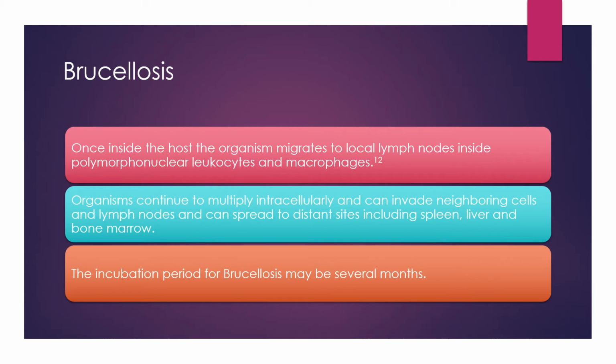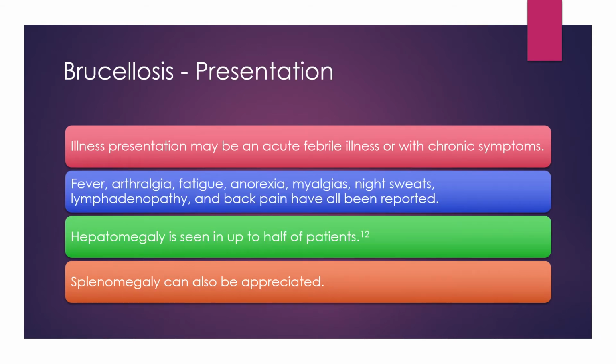And as I mentioned, illness presentation likewise is highly variable. It can either be an acute febrile illness or you can present with chronic symptoms. And a constellation of symptoms have been described, including fever, arthralgia, fatigue, anorexia, myalgias, night sweats, lymphadenopathy, and back pain. But it is somewhat dependent on where you have involvement with the organism.